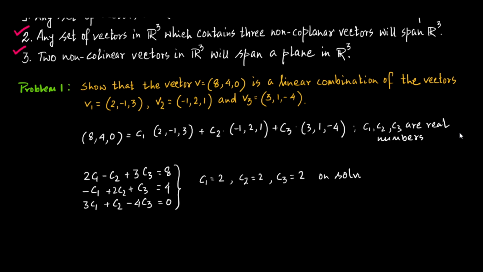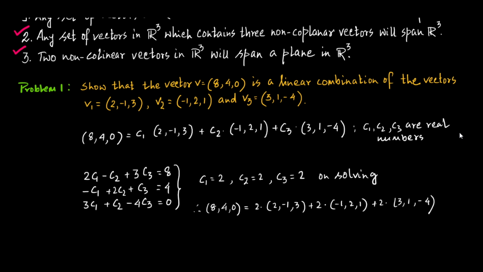So that means the vector (8, 4, 0) can be written as 2 into (2, -1, 3) plus 2 into (-1, 2, 1) plus 2 into (3, 1, -4).